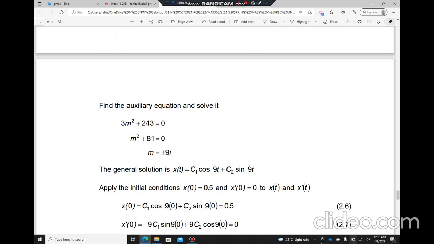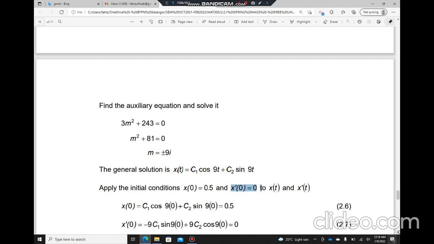So, kita dah ada general solution, tapi kita kena cari nilai C1 dan C2. Cara nak cari nilai C1 dan C2, kena gunakan initial condition. Initial condition daripada soalan. Okay, satu lagi saya nak ingatkan, kalau dalam soalan tu dia langsung tak mention initial condition, initial velocity, so awak just assume x at 0 equals to 0, x prime 0 equals to 0.